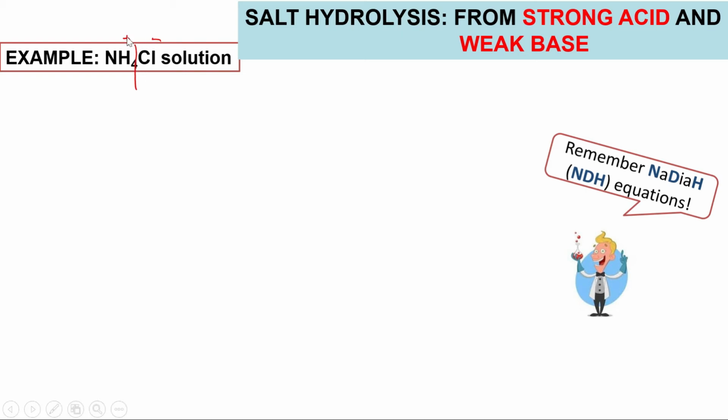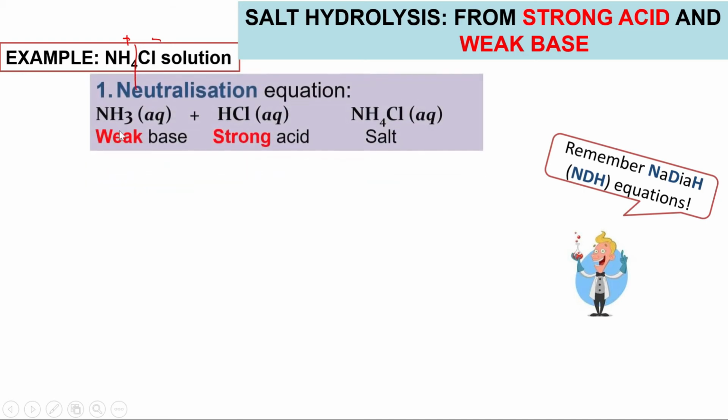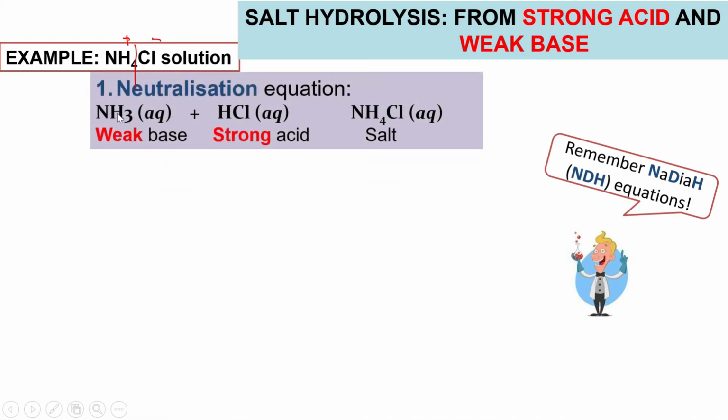The cation always comes from a base and the anion always comes from an acid. So we have NH3 aqueous plus HCl aqueous forming NH4Cl. Ammonia is a weak base, meanwhile HCl is a strong acid, right?